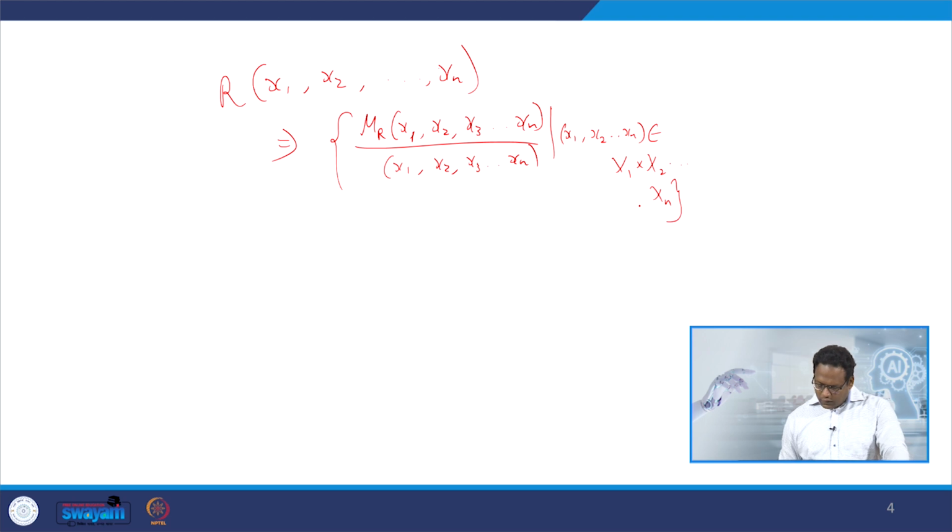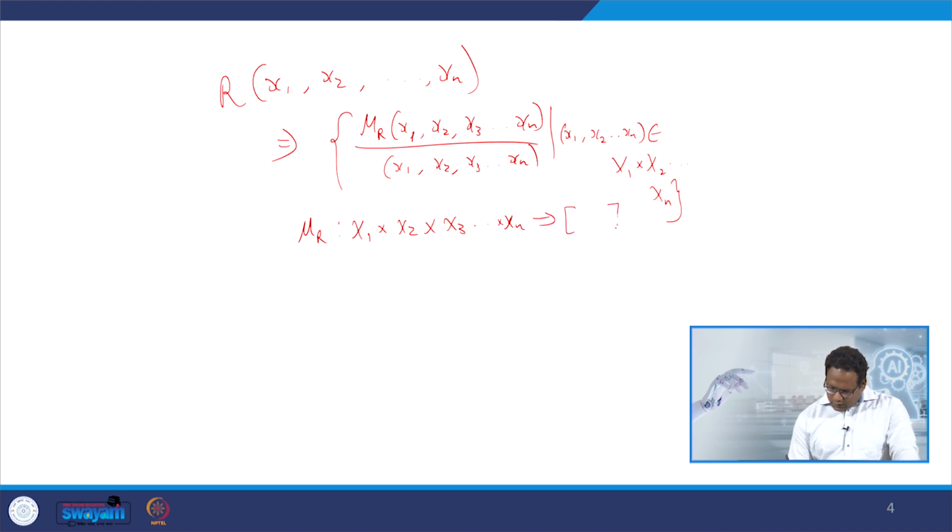This is the formal expression for a fuzzy relation, where mu R is defined for the multiple universal sets x1 into x2 into x3 up to xn and will take a value in the interval between 0 and 1, which is the membership function value mu R.